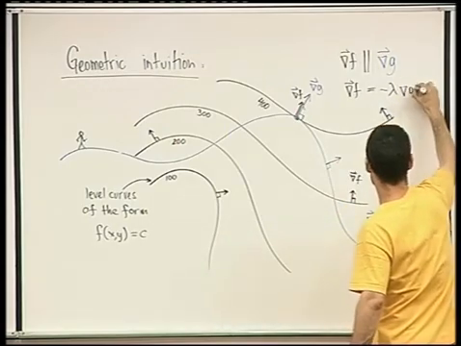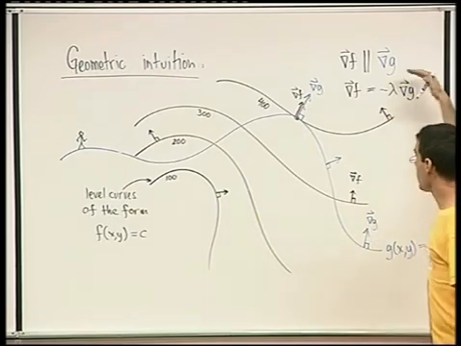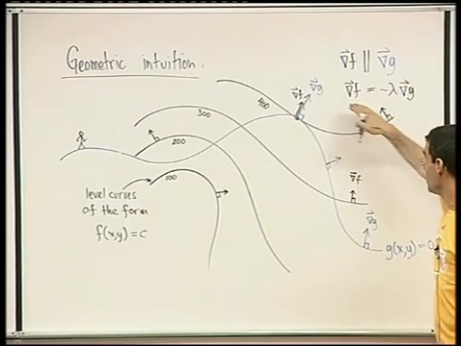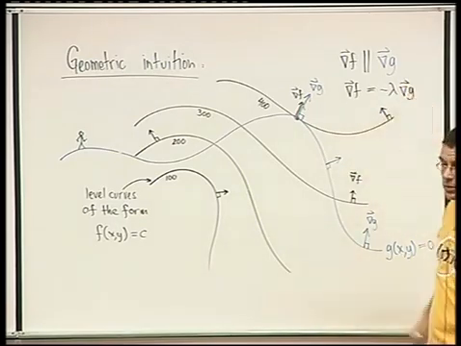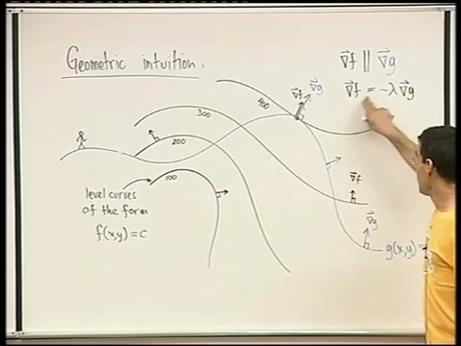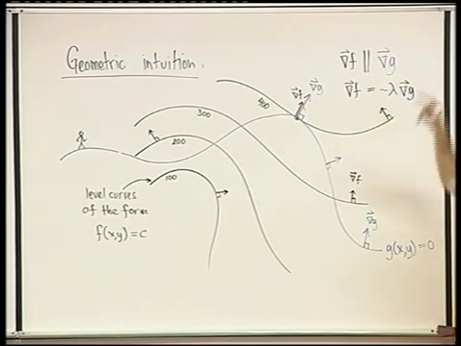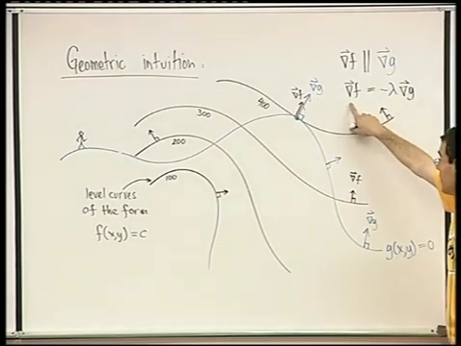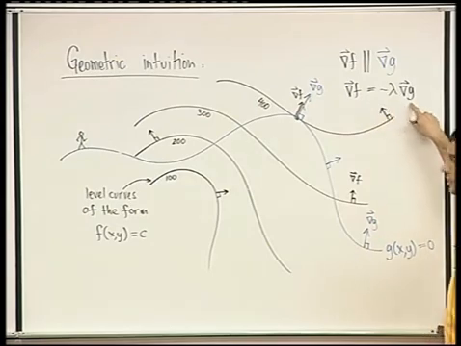Times the gradient of g. If they're parallel, then one is a scalar multiple of the other. Clear? So if the gradient of f equals minus lambda, that's what I chose to call that scalar, times the gradient of g, then the gradient of f plus lambda times the gradient of g is 0.